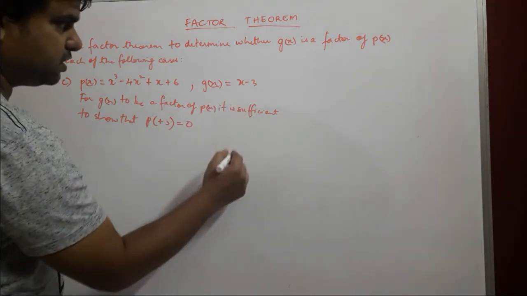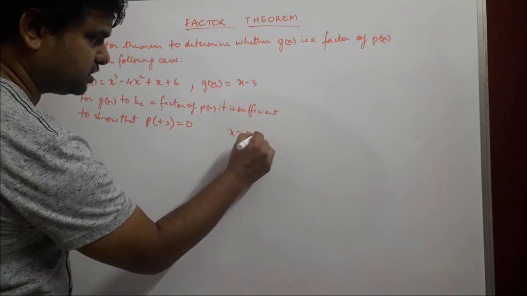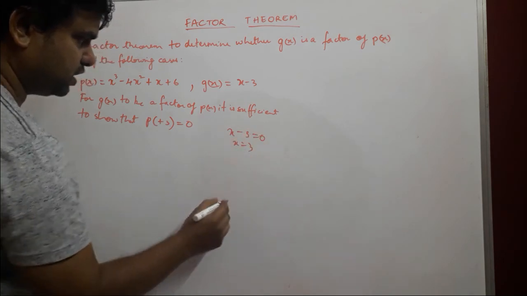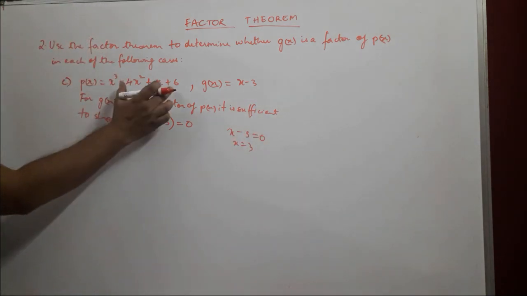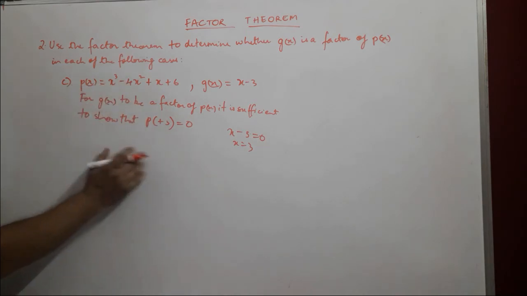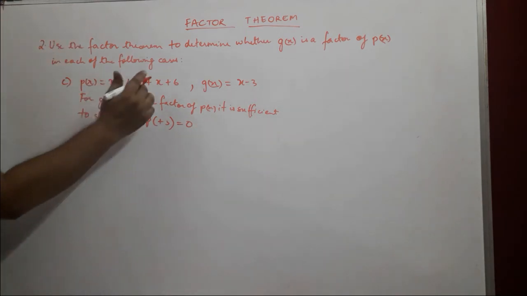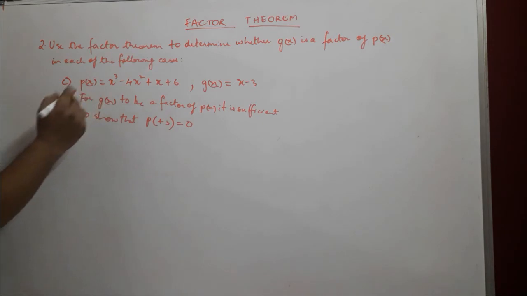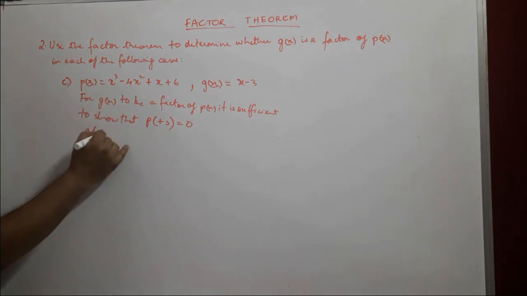Here it is x minus 3, so if we take x minus 3 equal to 0, we get x equal to 3. This 3 we need to substitute in the polynomial and we need to get 0. Only then can we say that g of x is a factor of p of x. So we'll see what p of 3 is equal to.